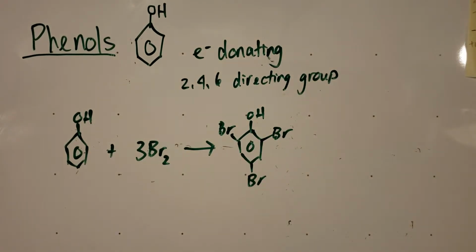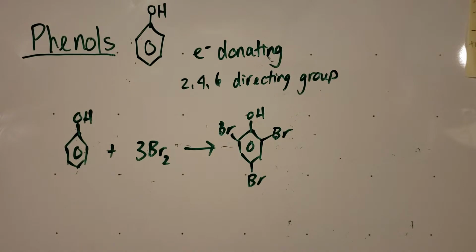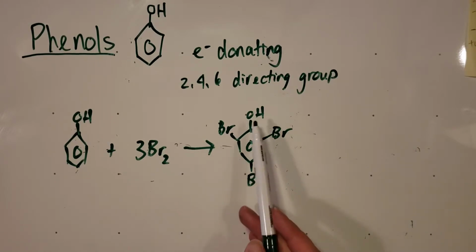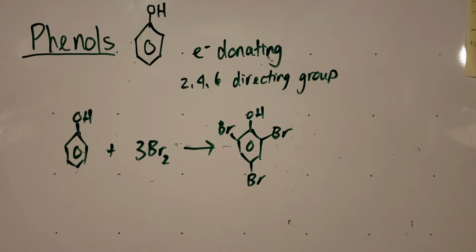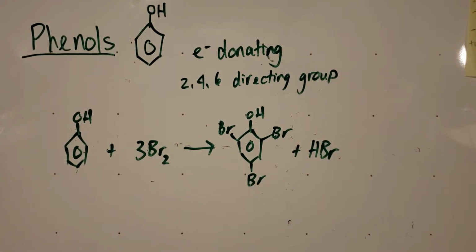And again, this is an activated benzene ring because of that OH group, so you don't need any sort of halogen carrier. This happens spontaneously. So it's actually a good way of testing for a phenol versus a benzene, because in this case you'll have your bromine water, which is orange, which will go colorless because it's being added on to that benzene ring. You will also end up having HBr produced. HBr is colorless. So you're going from orange to colorless, a good test for phenols there.